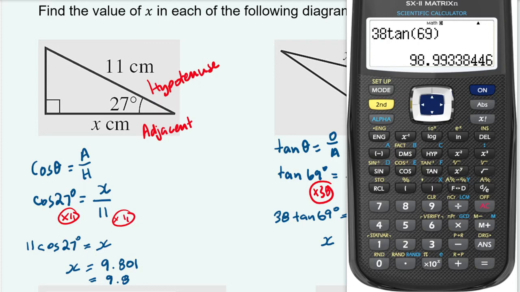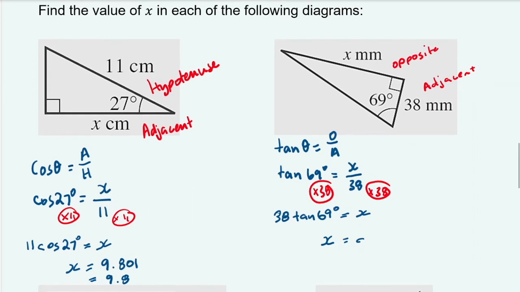And we're going to go 98.993. Now this is one of those curly ones. We want to go to 1 decimal place, but we're actually going to go for the 9 here.